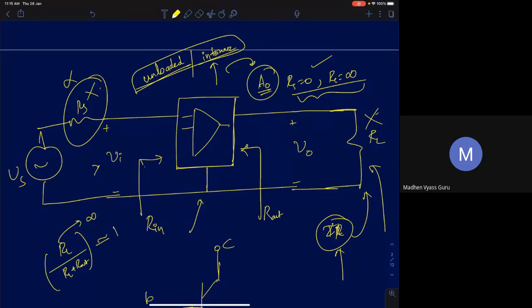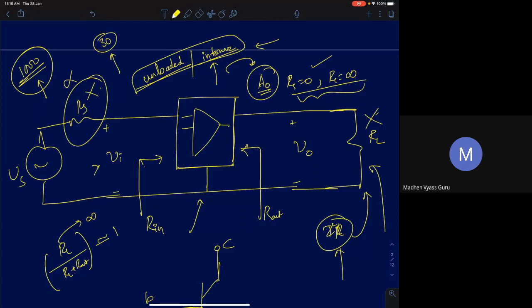So even before designing an amplifier, I will automatically know that this amplifier cannot give a gain more than this. Let's say, for example, the desired gain you need is 1000. And it turns out the intrinsic gain happens to be 30.